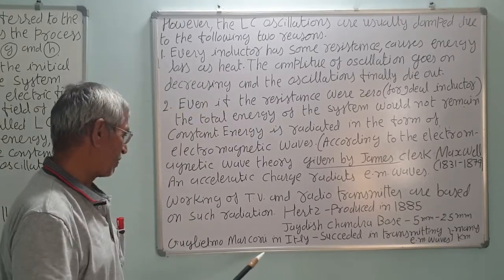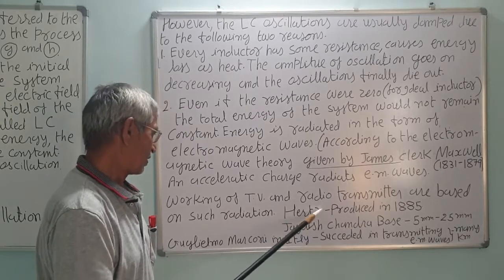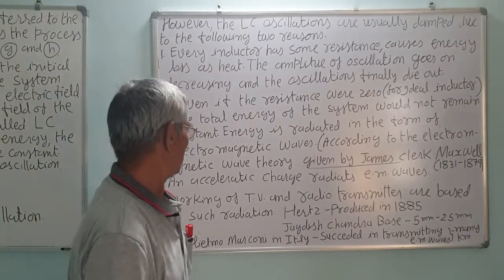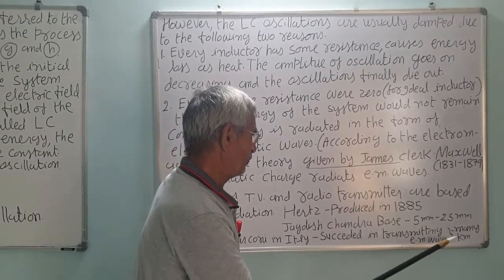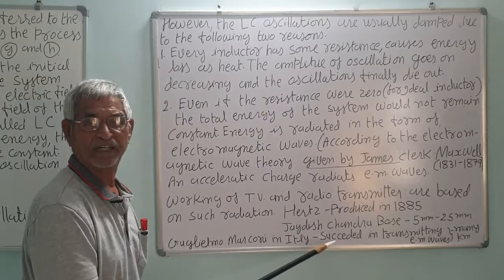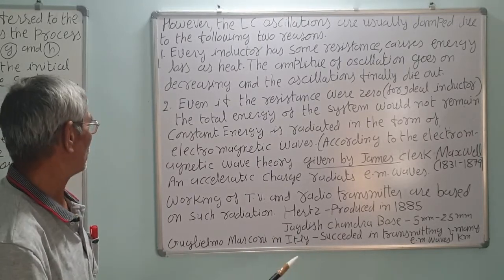Then Guglielmo Marconi of Italy followed the Hertz experiment, and he succeeded in transmitting electromagnetic waves for many kilometers, and after that he invented the radio. Who invented radio? The answer is Guglielmo Marconi, correct.